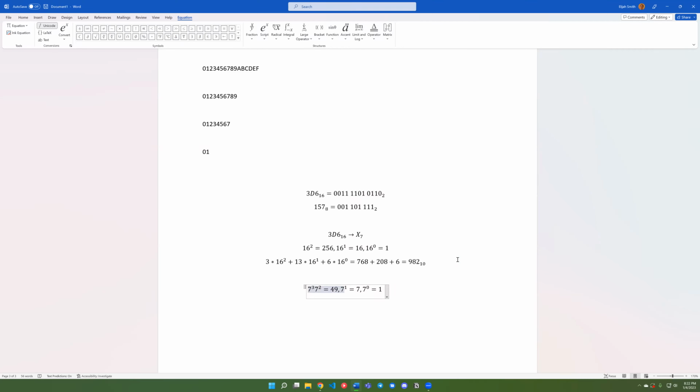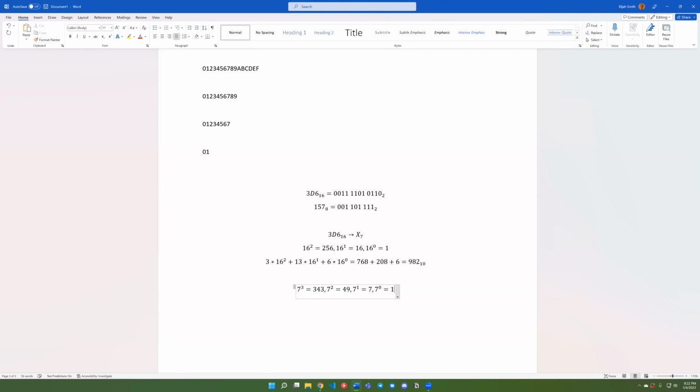I don't think we'll need to go any higher than this. I don't actually know what this is. 343. All right, so this is what we have here. So we can recognize that 343 times 7 is going to be way bigger than the decimal number that we have here. So we won't need any other places beyond this. So we'll need exactly 4 digits to represent this in base 7.